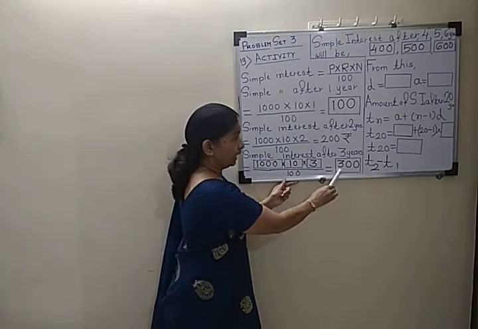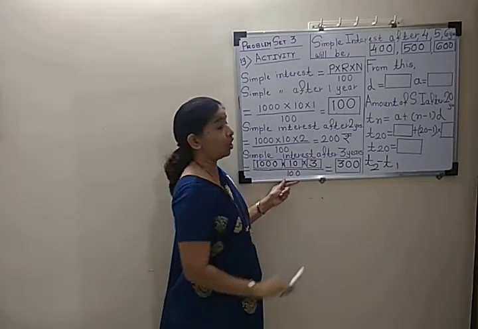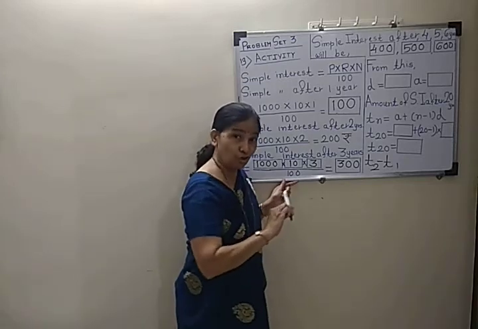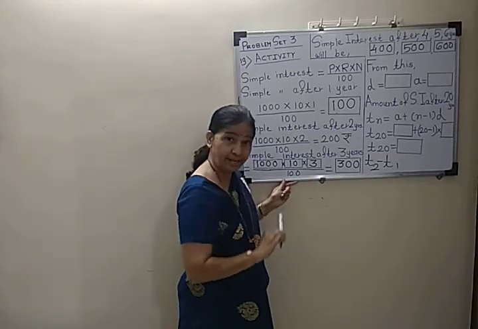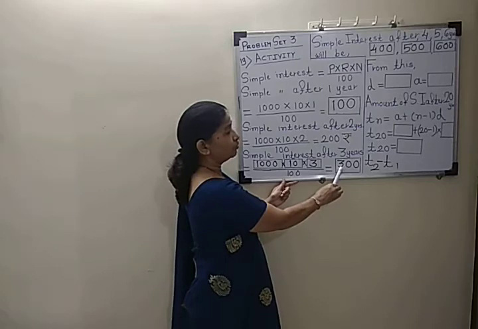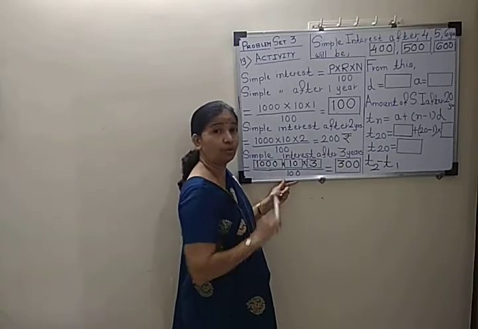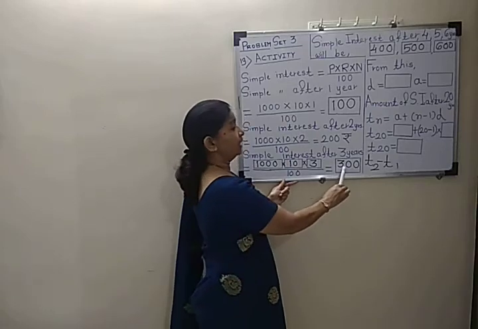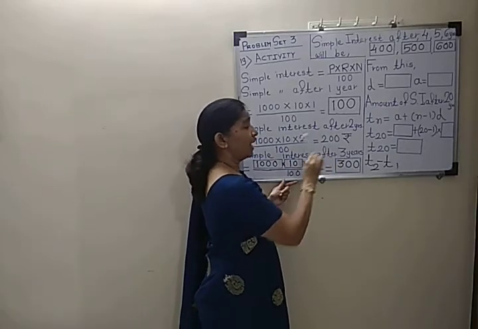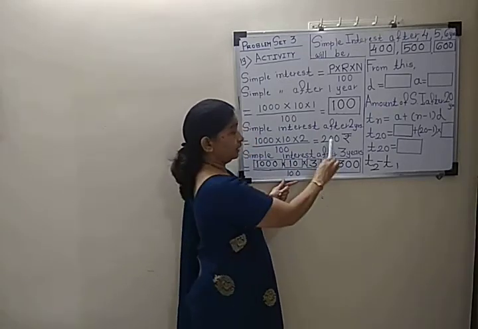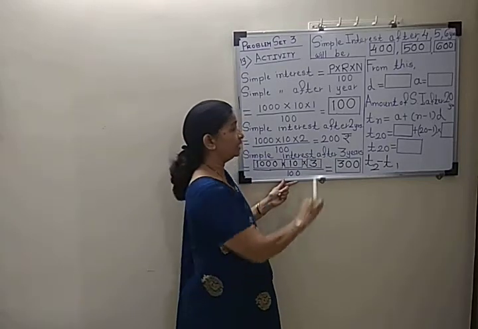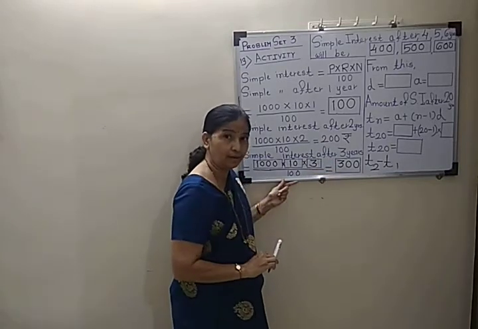Do T3 minus T2 because we are doing it not once but thrice. So T3 minus T2, that means 300 minus 200. That will also come as 100.